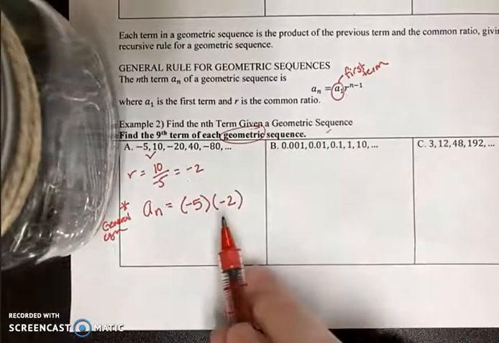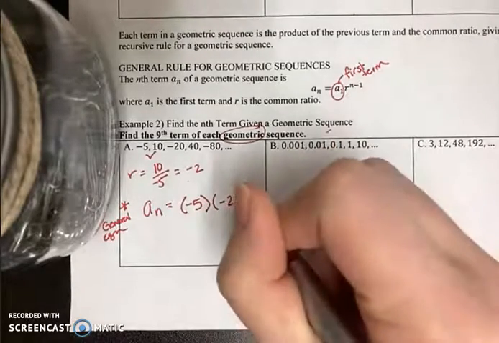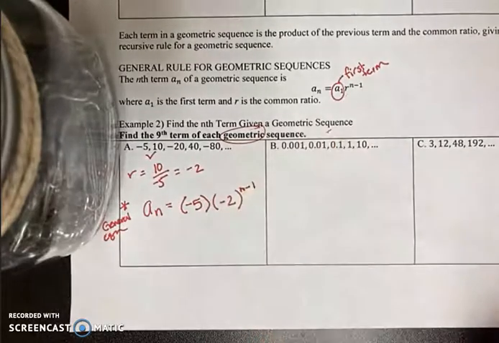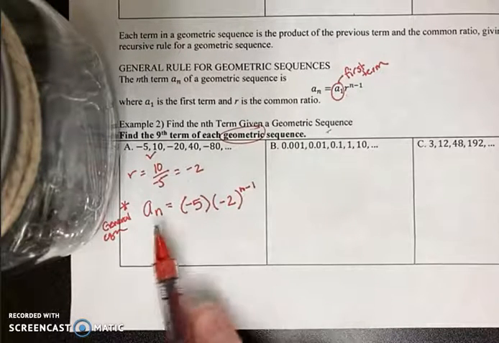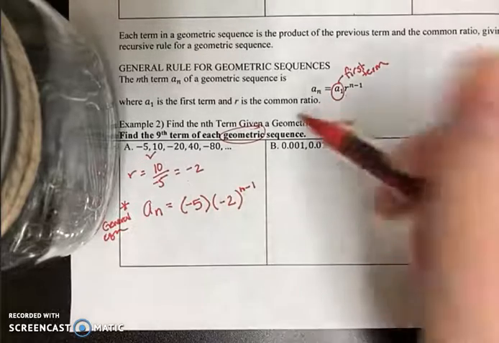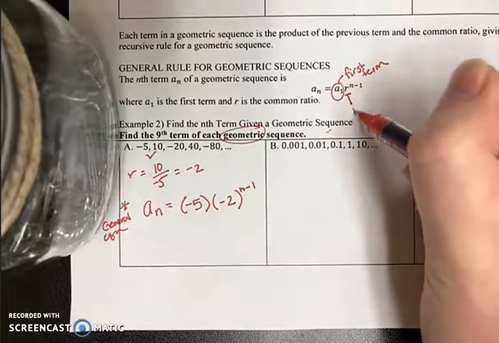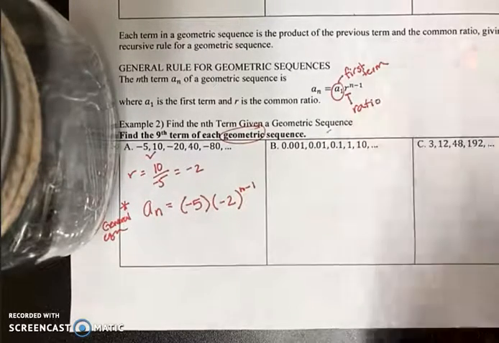And I'm going to raise the ratio to the power of n minus 1. So in the general equation, you leave it in terms of n, which is what I've done here. And we're plugging in the ratio and the first term.